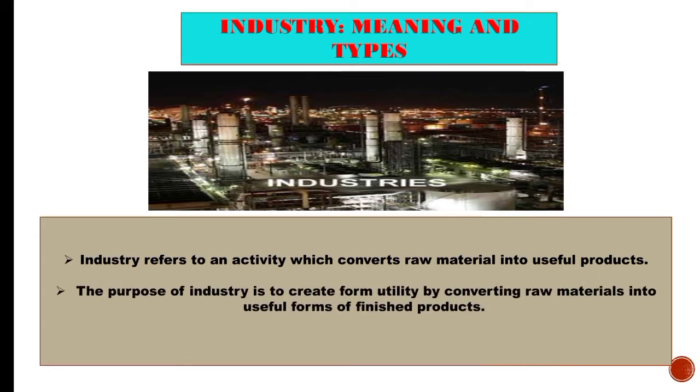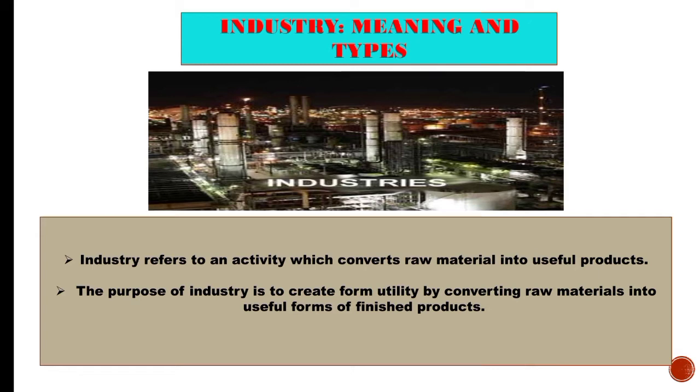The purpose of industry is to create form utility by converting raw material into useful forms of finished product. Basically in industry, the raw material is produced and then it is converted into finished products.